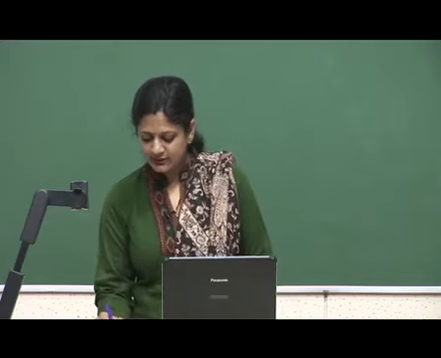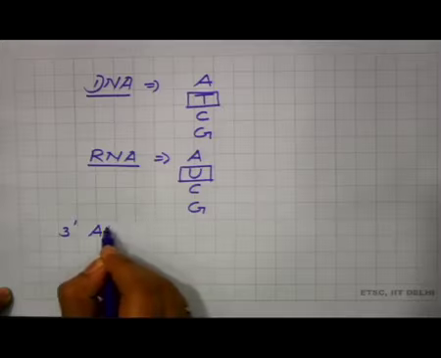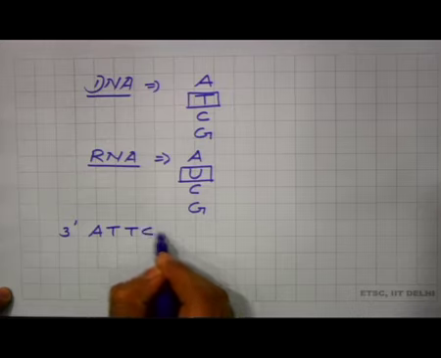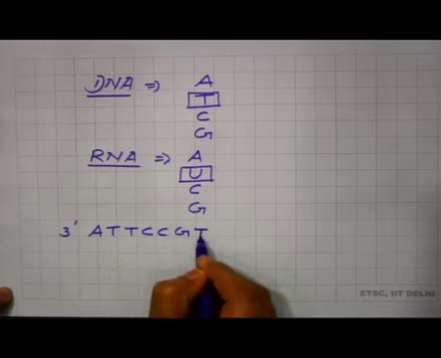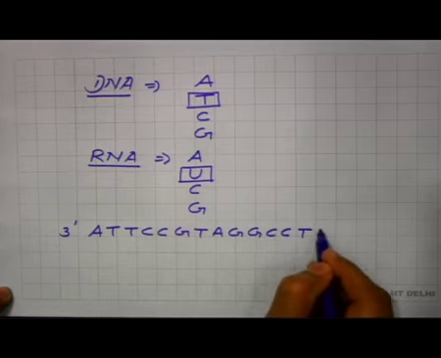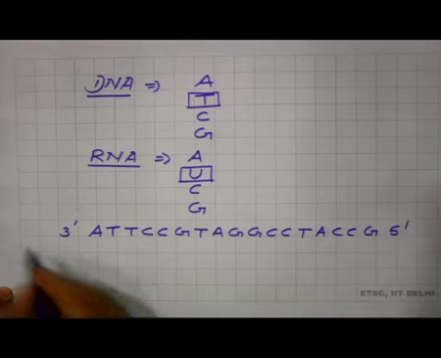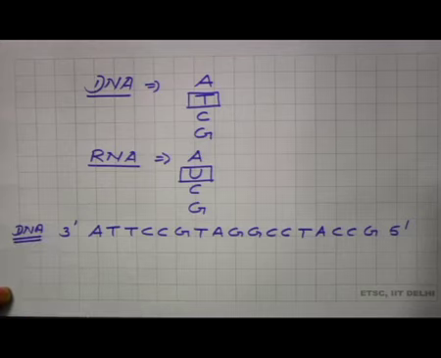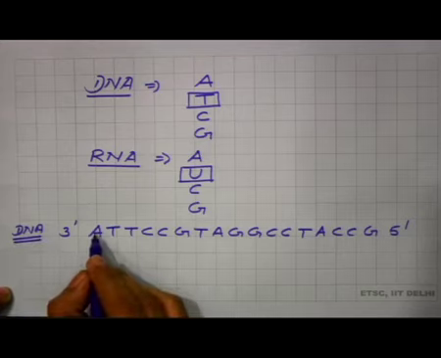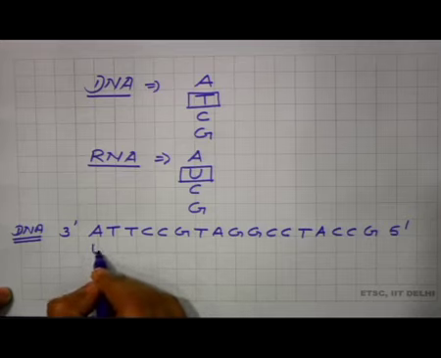So if we start writing the DNA template given in the question: A, T, T, C, C, G, T, A, G, G, C, C, T, A, C, C, G. This is your DNA template and this is going to be transcribed. After transcription, this strand will form. The complementary of A will be T, but in case of RNA thymine is not there, so we will write U, uracil.